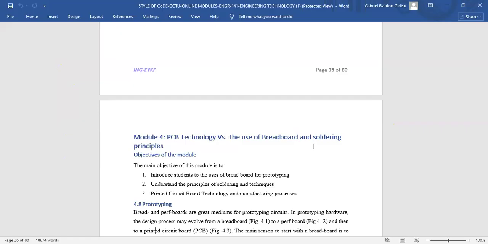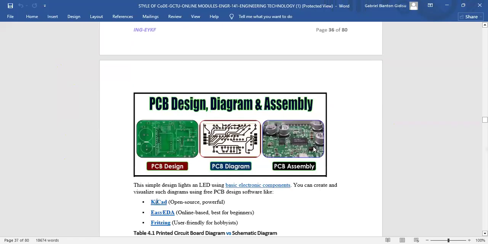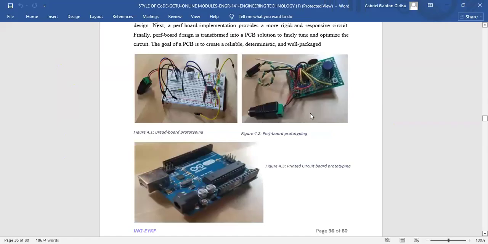So let me see if we have a picture here. So what you see right here, this is a breadboard. We use it to mount electronic circuits. The next time we come to the lab, I will let you see it.